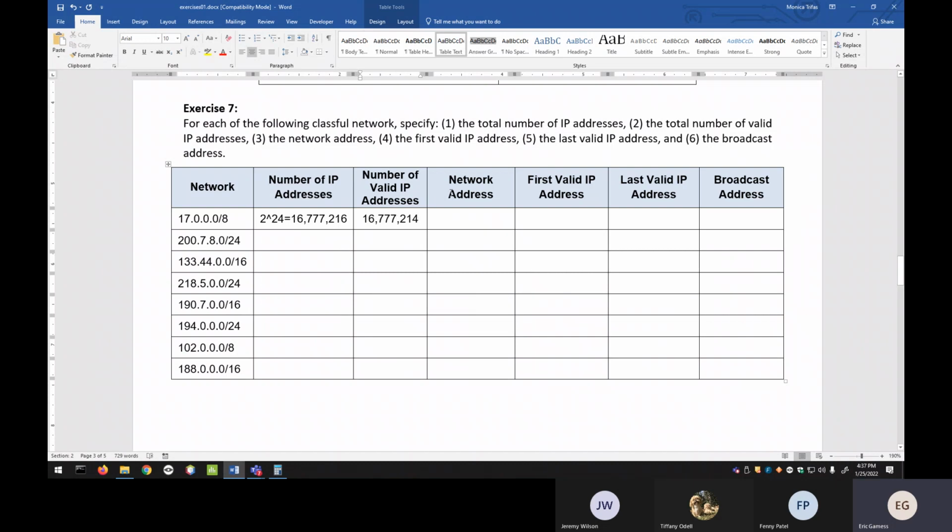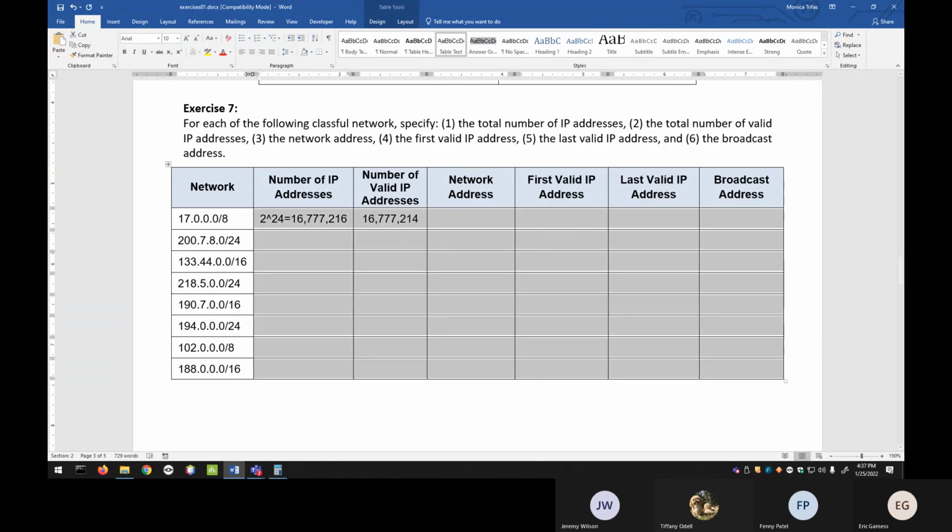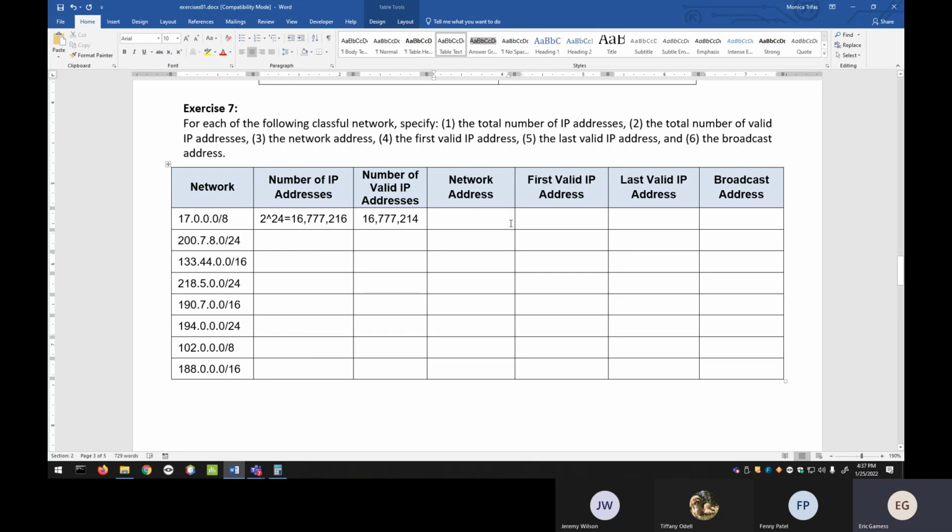Okay, what is the network address? Correct. It's the first IP address of the network, 17.0.0.0.